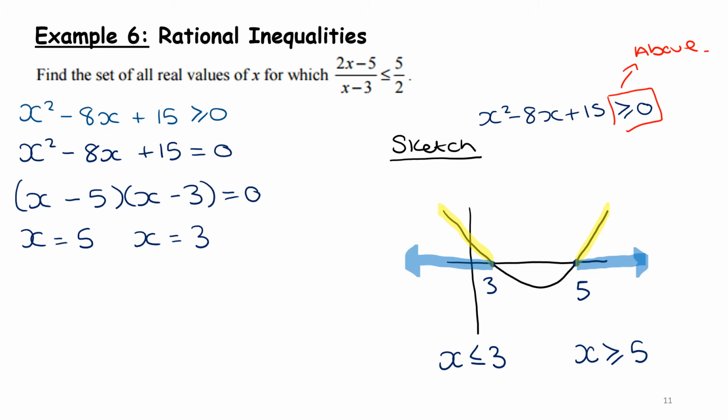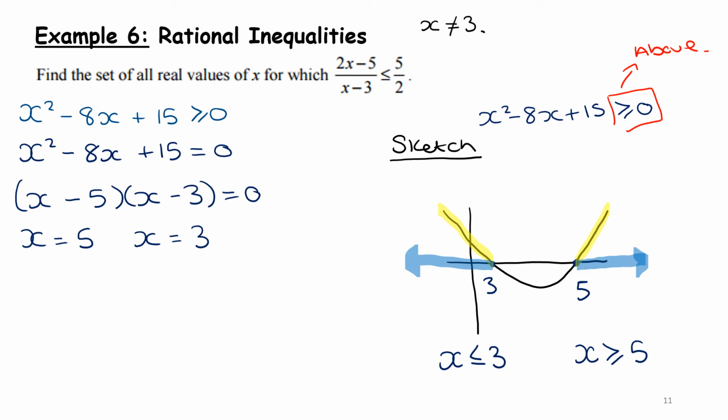However, there is one other thing that you need to be aware of when we're dealing with rational inequalities, and that is that there will be a value that x cannot be. In this question, it doesn't state it, but in an exam situation, they will give you something like x cannot equal 3.